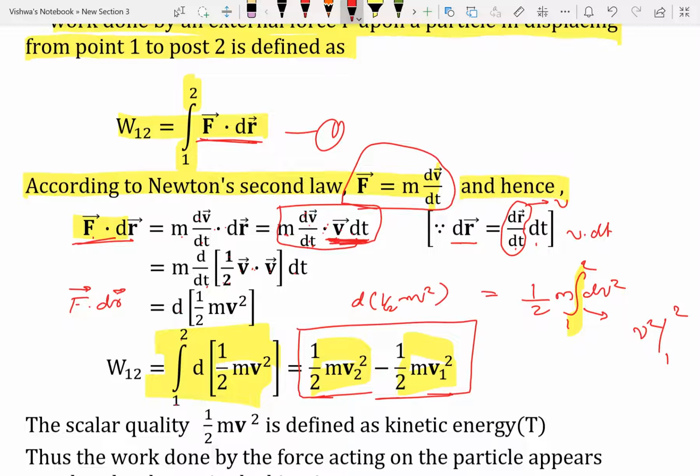What is 1 by 2 m v2 square? It is the kinetic energy at position 2 minus the kinetic energy at position 1. The scalar quantity 1 by 2 mv square is defined as the kinetic energy.